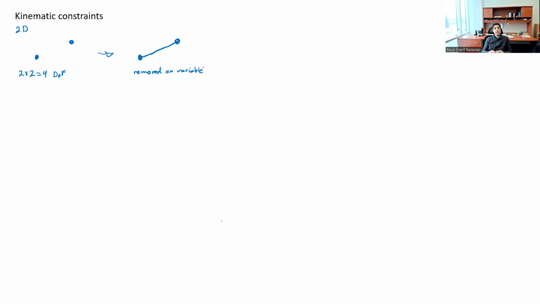So before, the distance between them could change arbitrarily, now I have removed that single dimension or degree of freedom from the system. So now I have 4 minus 1. This is a 3-degree of freedom system.